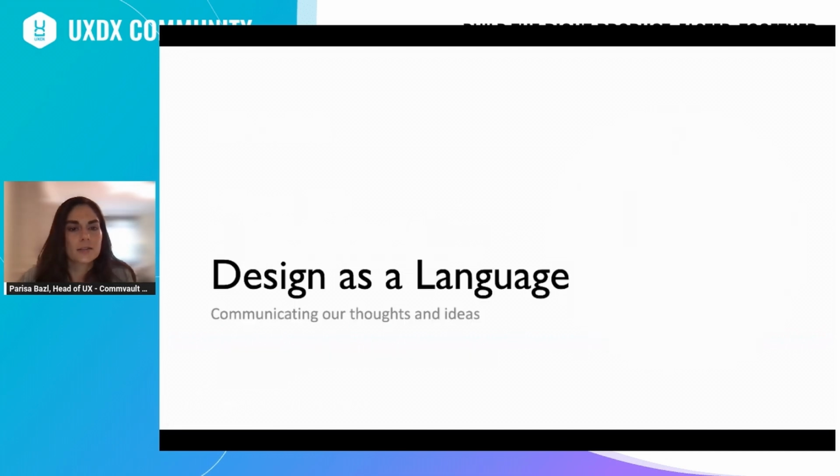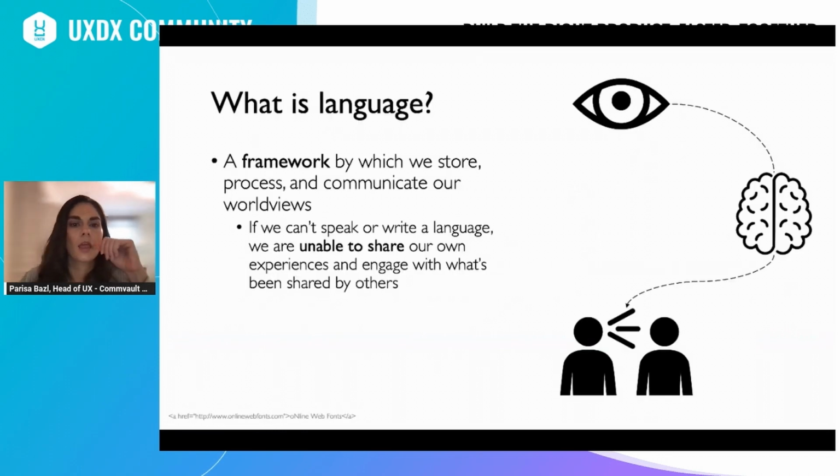So I'd like to get back to my roots today and start this talk by exploring some of the parallels between written language and design. So language, at its most obvious, it's the thing that helps us express ourselves. But more accurately, language is a framework by which we organize and process our experiences as we take them in.